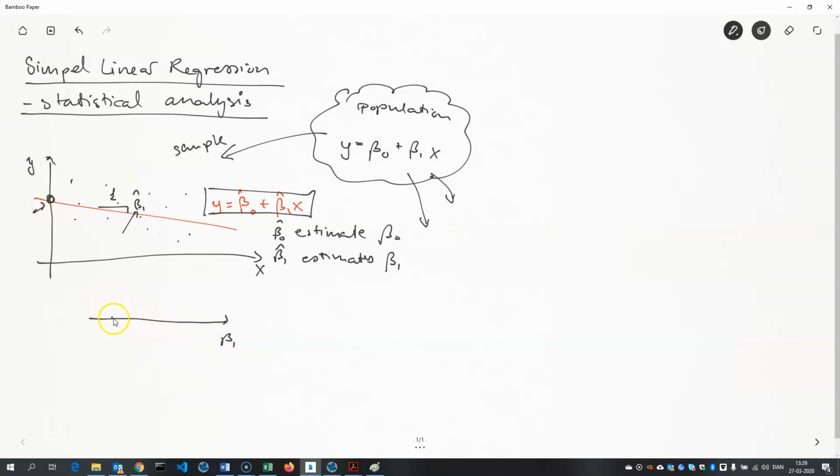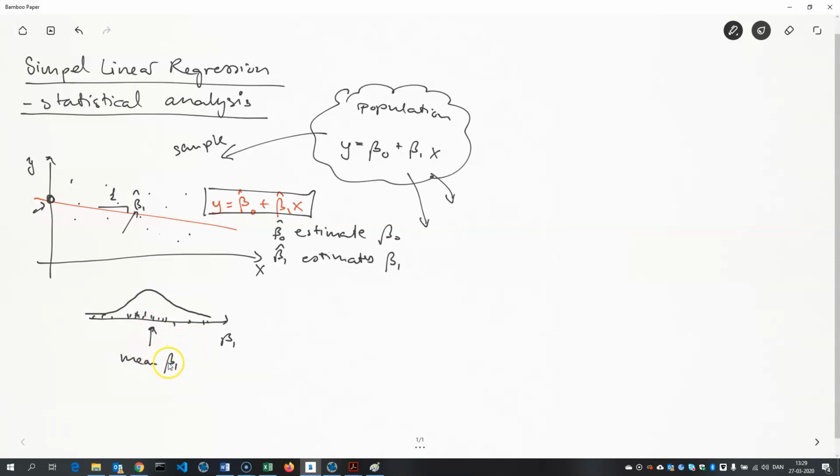So we'd get a value here and here and here and here, like that. And after we've done this 1,000 times, we kind of get a distribution with a mean, which is our best guess for the true beta 1.